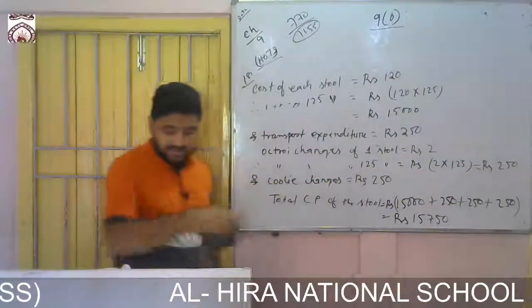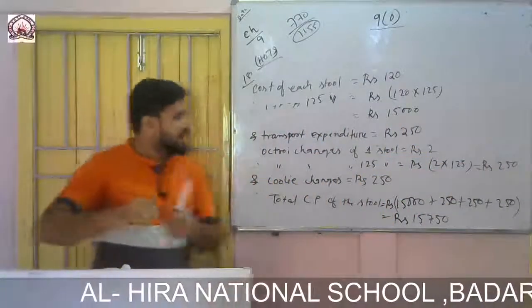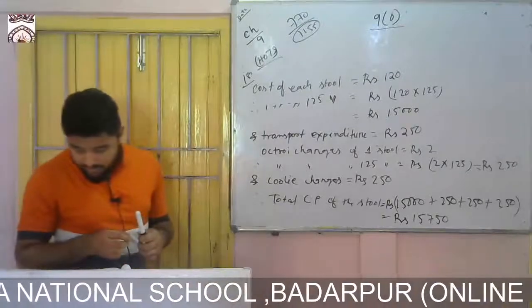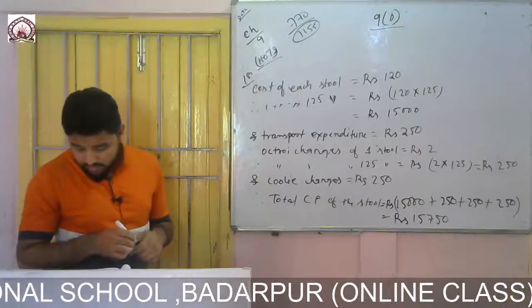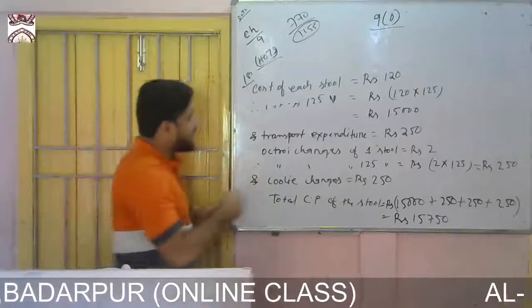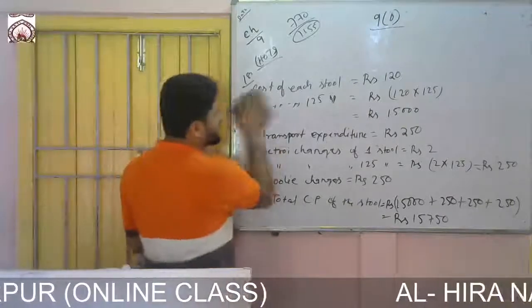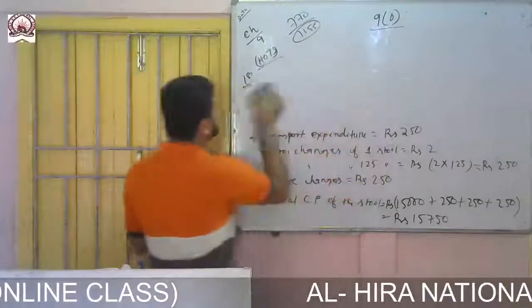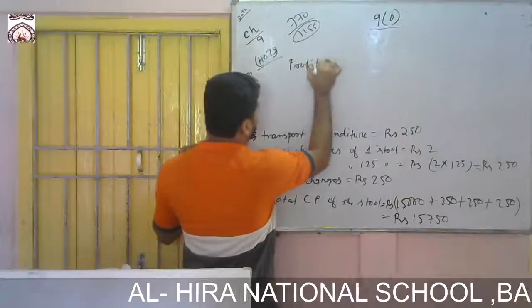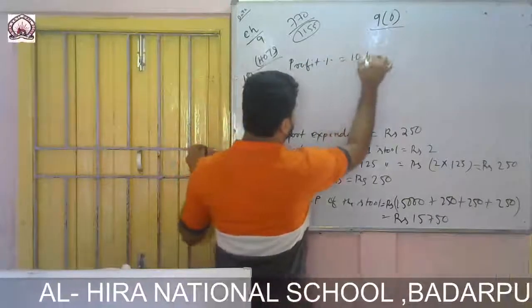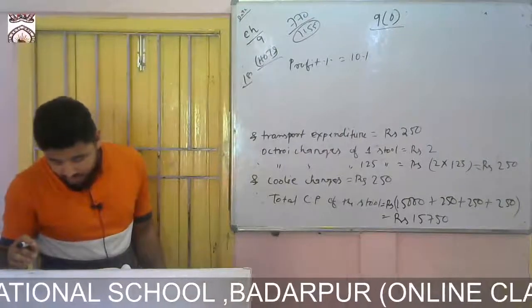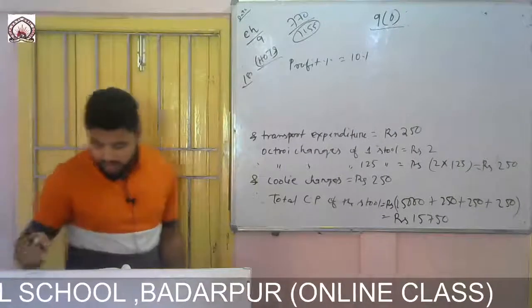Now the profit given is 10%. We need to find the selling price of each stool if he wants a profit of 10%.